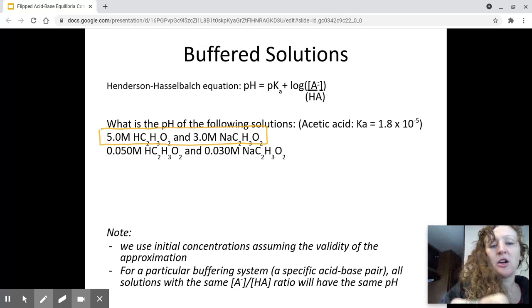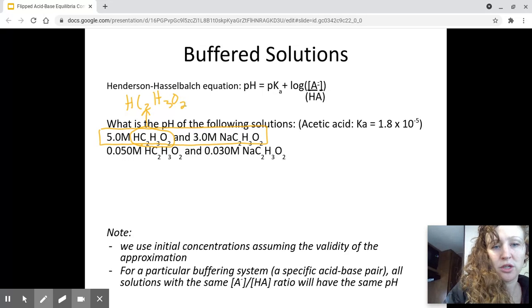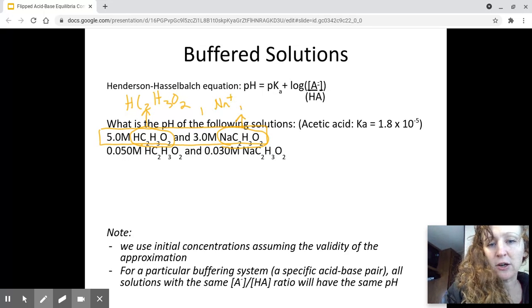We look at the things we have present and think about what they're actually going to exist as in solution. My weak acid will largely stay together. My soluble salt will largely fall apart. So I am going to have these three substances present, plus water always.